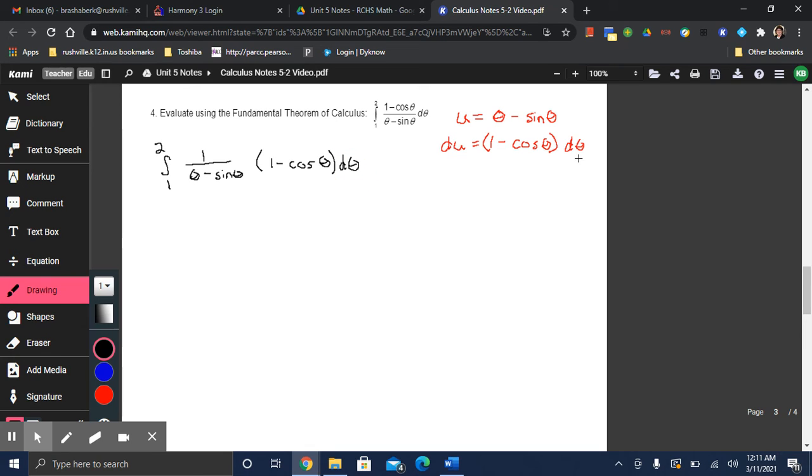So exactly what we need for our u du. Remember that once you've changed this to the u, so this is 1 over u du, you will need to adjust the limits of integration and not go back to this definition.